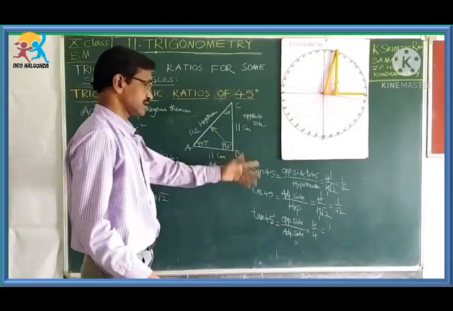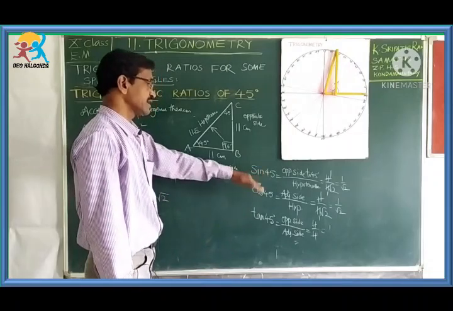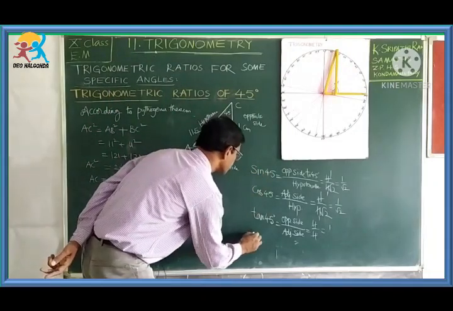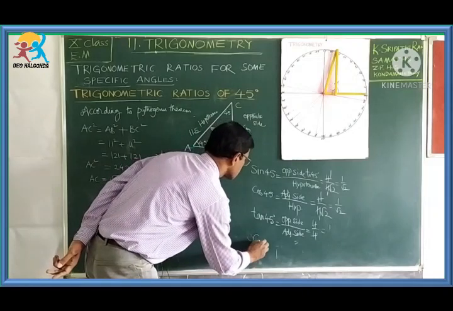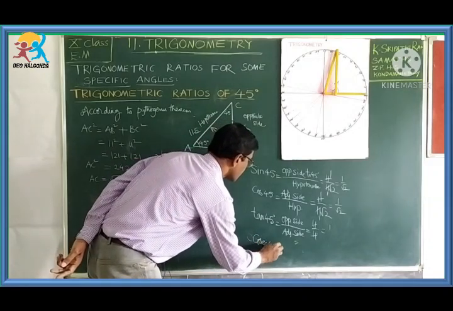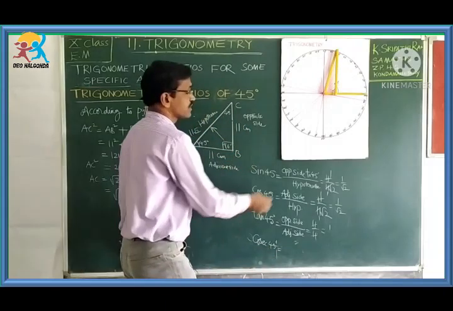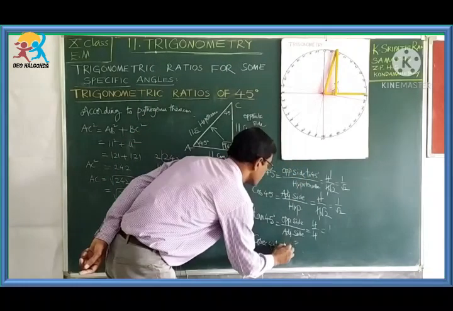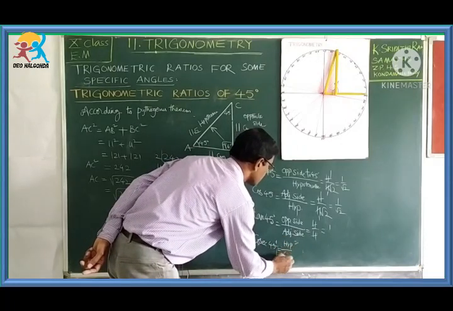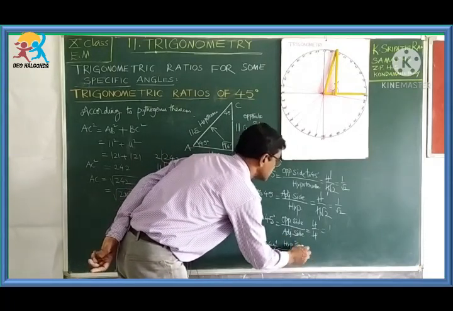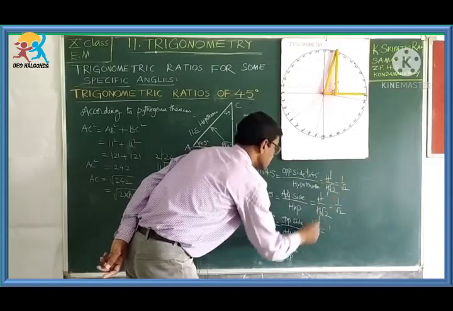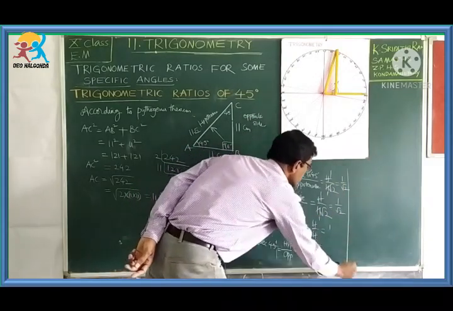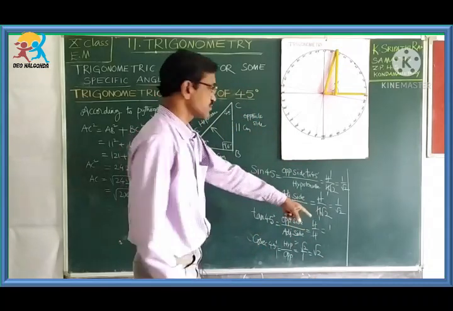Now let us take the other trigonometric ratios by reversing the above trigonometric ratios. Now cosec 45 degrees is equal to hypotenuse by opposite side, reverse. So hypotenuse by opposite side means here root 2 by 1, that is equal to root 2. So cosec 45 is equal to root 2.